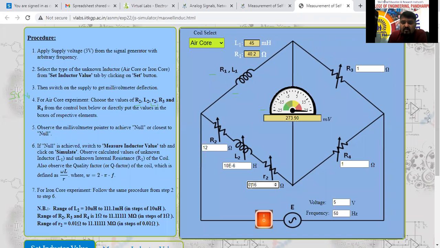It will be around 2 ohm I will set. If I increase this one, what will happen? It increases. See here, by increasing this one also, it is decreasing here now.